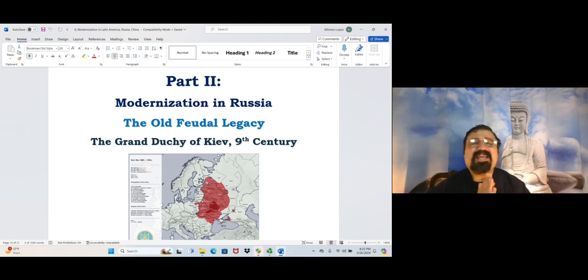Okay, so let us look at the modernization of Russia, which is going to look at both economic development and, at the same time, the political reforms that attempted to liberate the political order from the old monarchical system and grant more rights, more say, more representation to the masses.